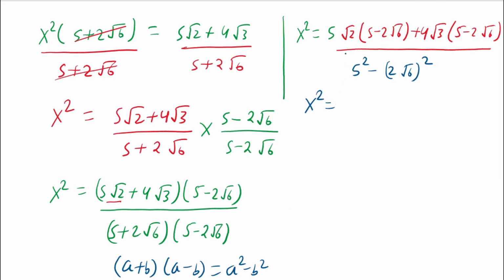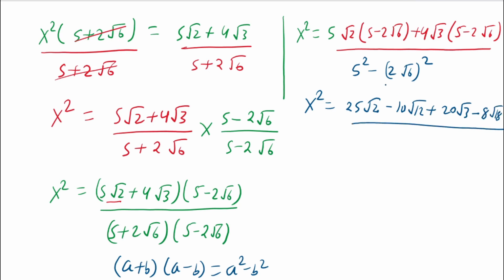Then 5 times square root of 2 multiplied by 5 gives 25 times square root of 2, and 5 times square root of 2 multiplied by minus 2 times square root of 6 gives minus 10 times square root of 12. Then 4 times square root of 3 multiplied by 5 gives 20 times square root of 3, and 4 times square root of 3 multiplied by minus 2 times square root of 6 gives minus 8 times square root of 18.